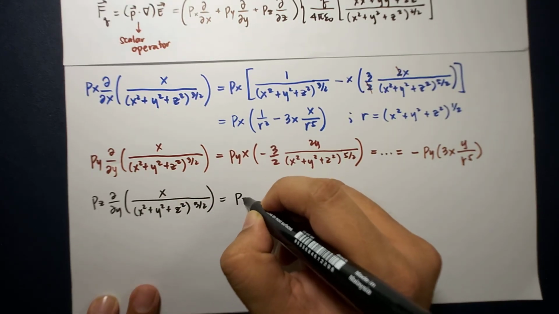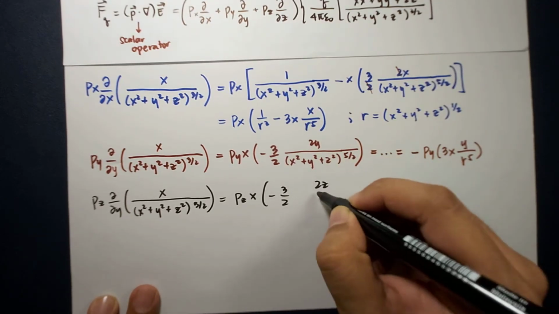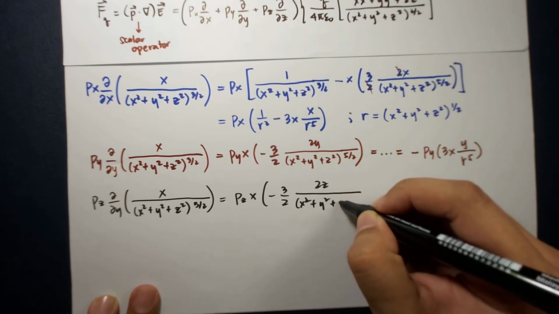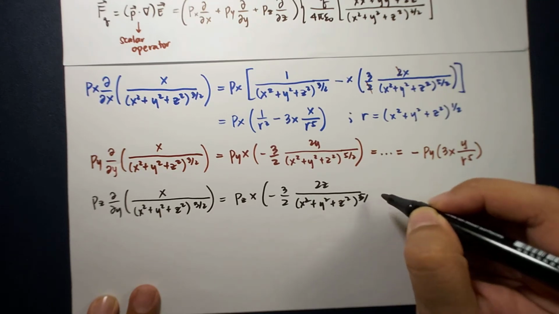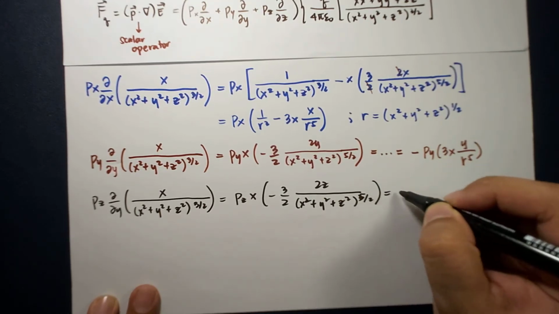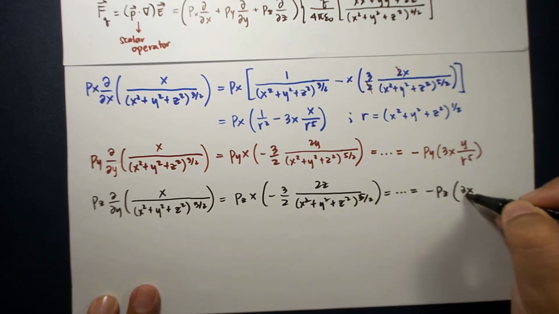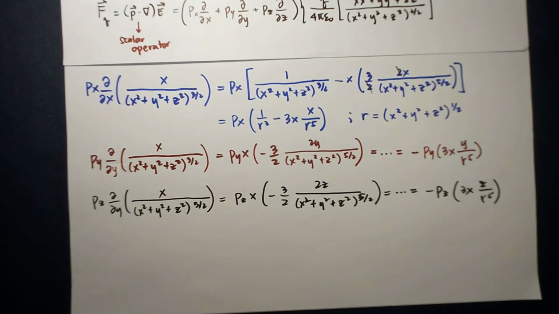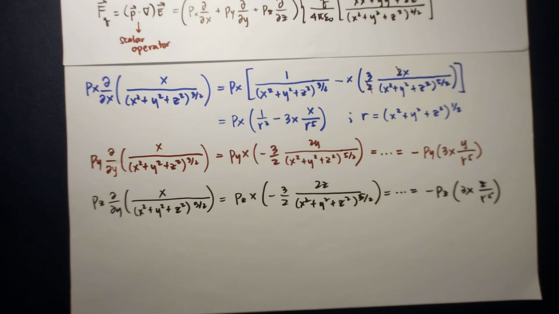So this is pz x times negative 3/2 times 2z over x squared plus y squared plus z squared to the 5/2, which is equal to negative pz times 3x z over r to the 5th. Again, I expect you to just fill in the missing algebra steps.